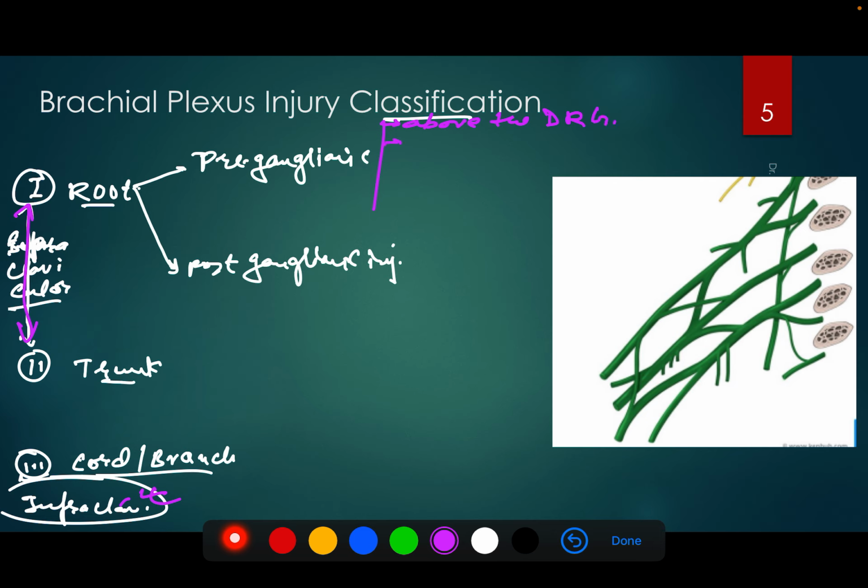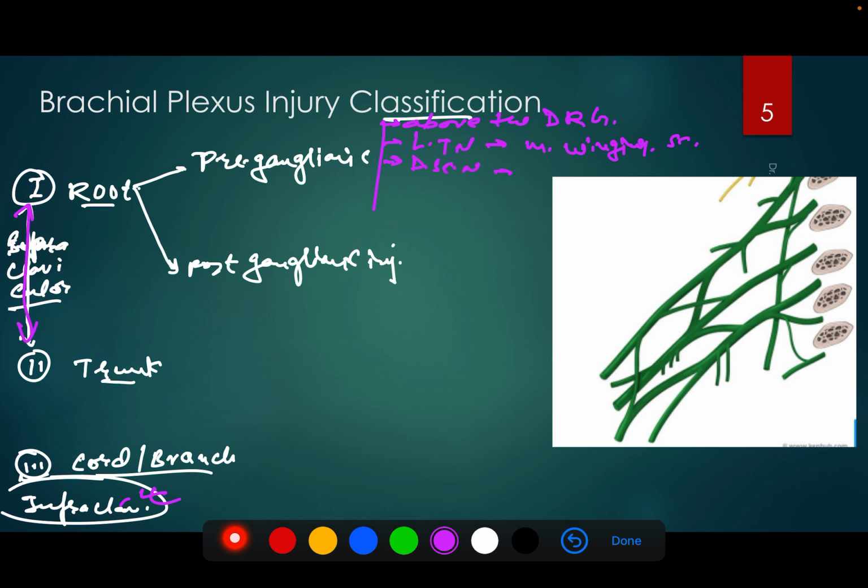And the dorsal root ganglion, hope you understand. And what were the presentations? In the presentations, it involved the long thoracic nerve. If the long thoracic nerve is involved, the patient presents with medial winging of the scapula. It may involve the dorsal scapular nerve.